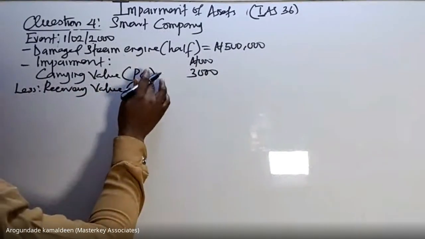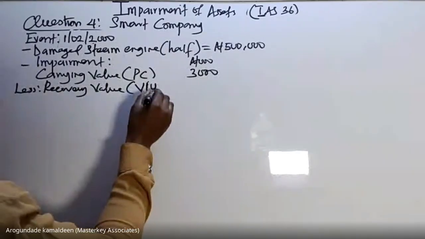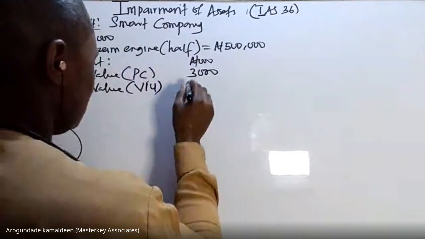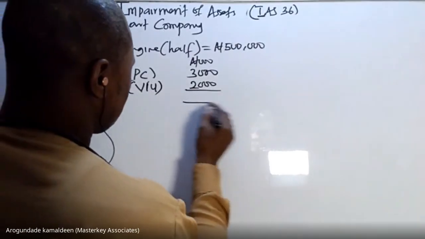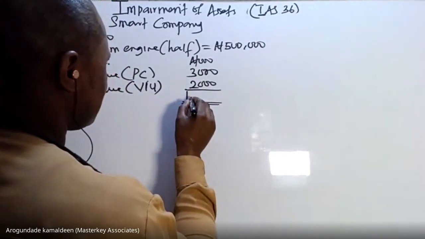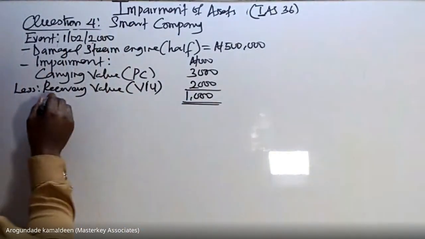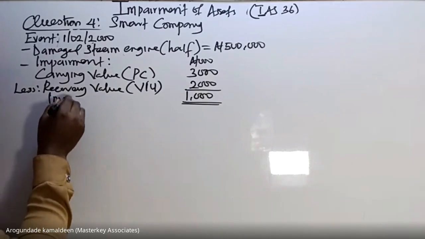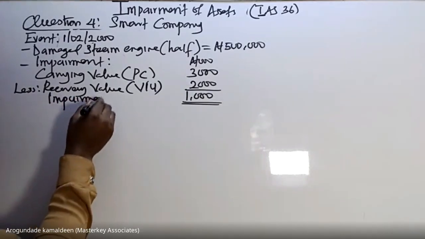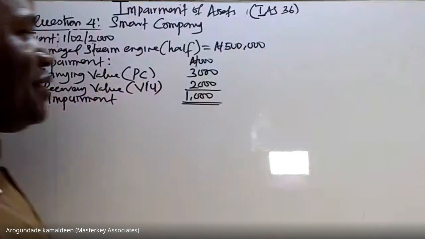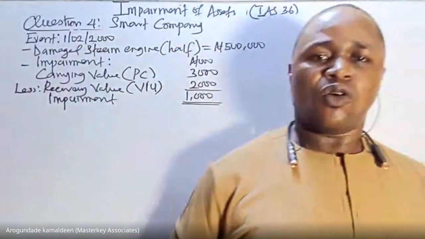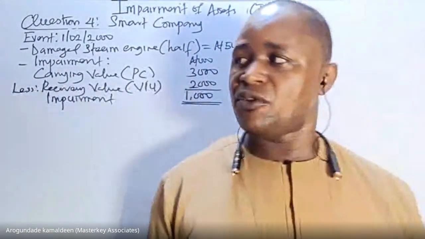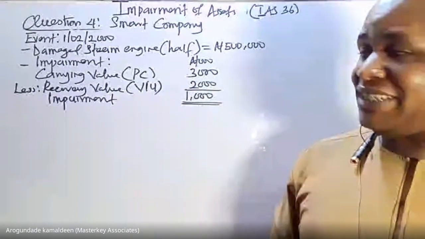The value in use, the 2 million, you less. Here there is an impairment of 1 million. The question says, what is the carrying value of the business asset on these 2 different days?